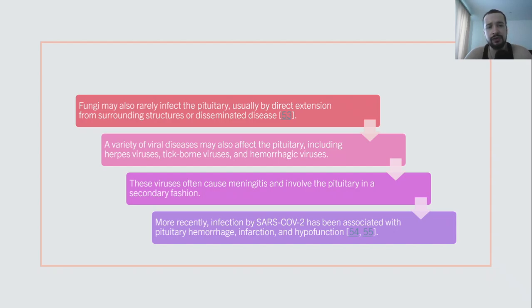A variety of viral diseases may also affect the pituitary, including herpes viruses, tick-borne viruses, and hemorrhagic viruses. These viruses often cause meningitis and involve the pituitary in a secondary fashion. More recently, infection by SARS-CoV-2 has been associated with pituitary hemorrhage, infarction, and hyperfunction.